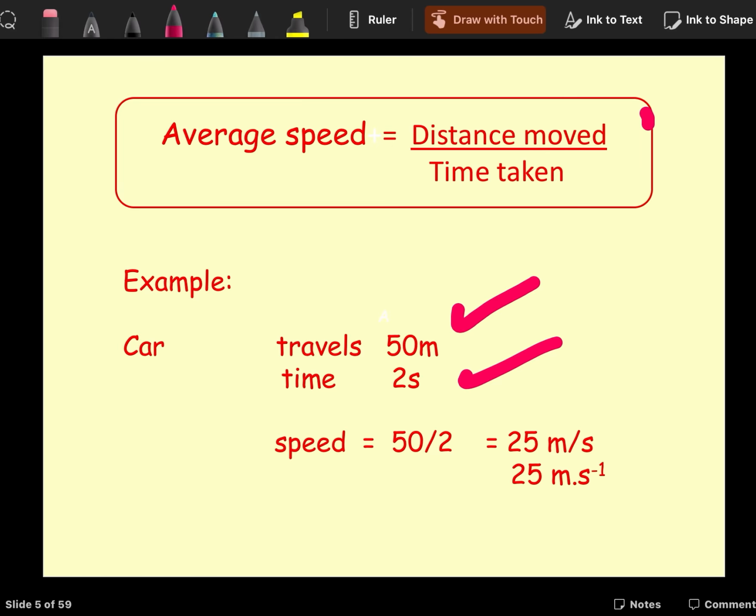Simply write this equation, average speed equals distance over time. Now write the values in the equation. Distance moved is 50 meter and the time is 2 seconds. So your answer is 25 meter per second. So write your answer with the unit meter per second. So in this way you are able to find the speed.